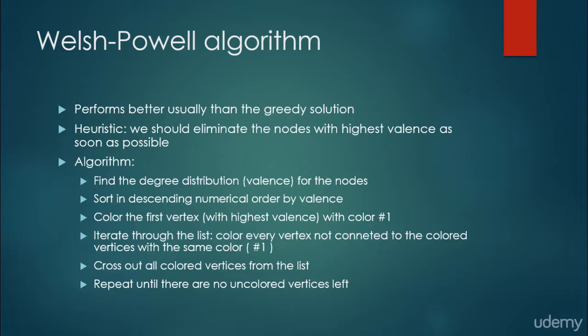Iterate through the list, and color every vertex not connected to the colored vertices with the same color. In this situation it is color 1, but as we keep incrementing our color number, it can be 2, 3, whatever. Cross out all colored vertices from the list, and repeat until there are no uncolored vertices left. So it's very, very easy.